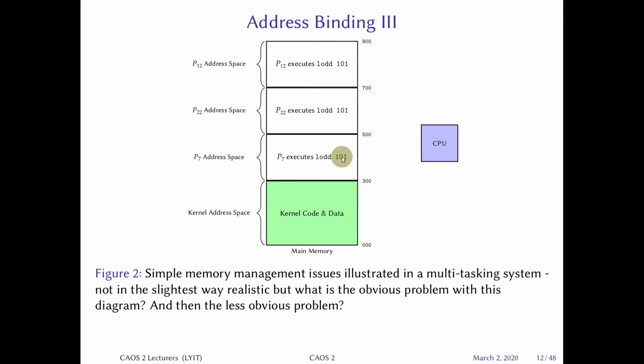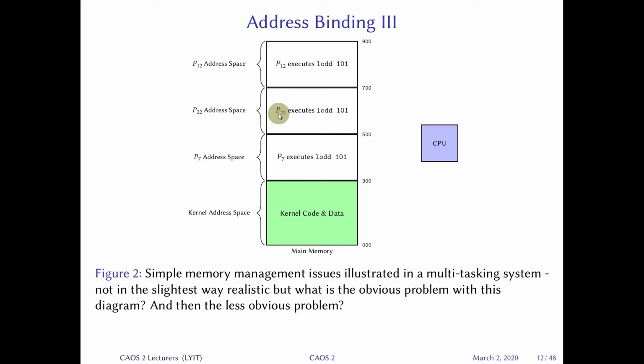So what we have to be able to do is to translate this address, which cannot be a physical address, into something that is meaningful. So what do we mean by being meaningful? Well, we mean that the 101 is actually an address space that belongs to P7. So I think we could offer up the idea that the logical address 101 has to be mapped to a range of physical addresses which is between 300 and 500.